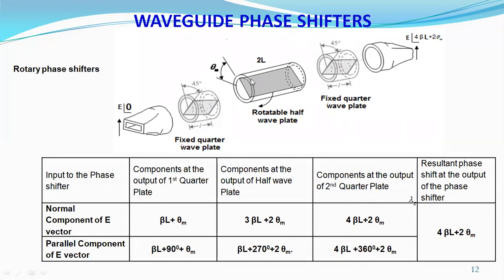Okay, so these are the different things. We have the waveguide components and other components. We have the waveguide T's: the E plane T, H plane T, magic T, and the directional coupler. We also have the circulator, gyrator and isolator.